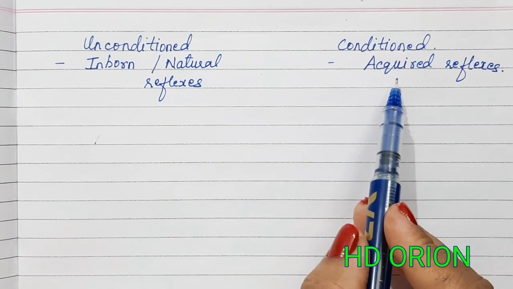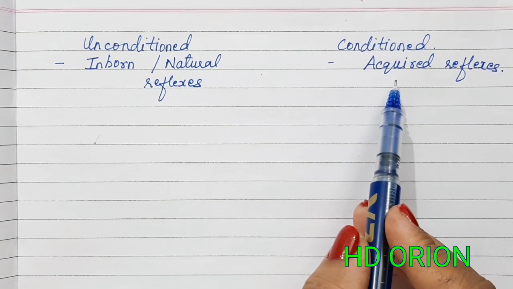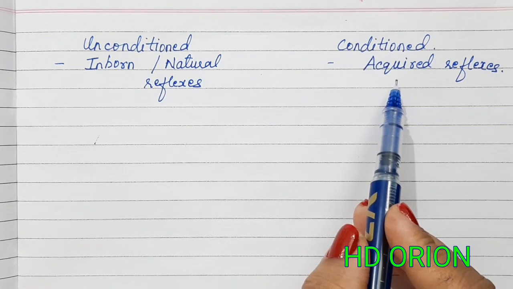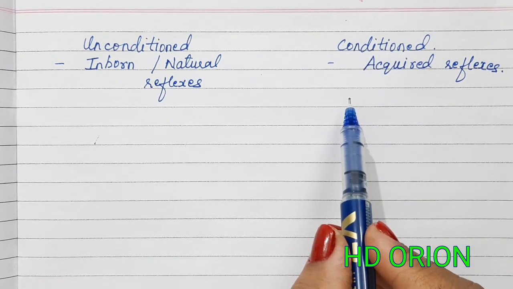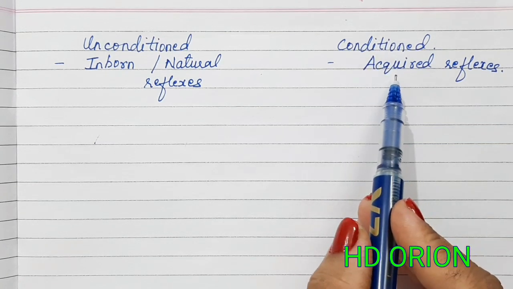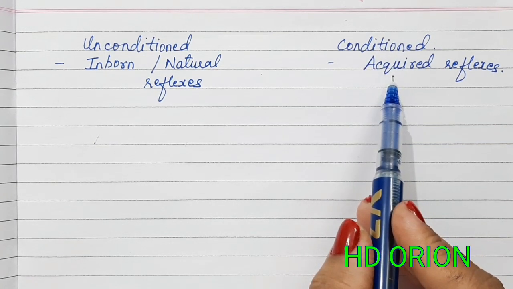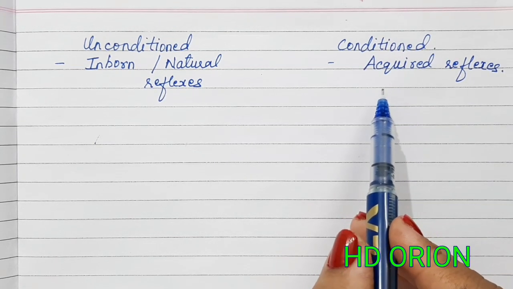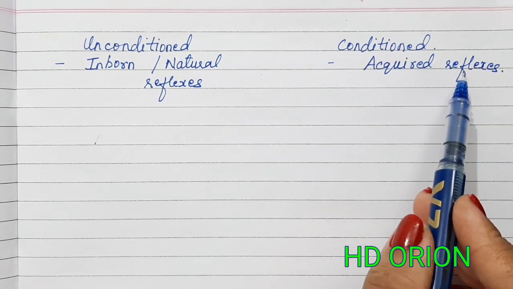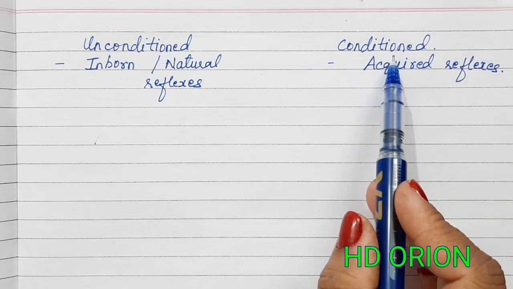But what are conditioned or acquired reflexes? These are those which are acquired later in the lifetime. Like you people are studying biology right now. So what you are acquiring is a conditioned reflex. You will have a memory which will tell what you have studied previously. So the past experience will actually bring the reflex, that is a conditioned reflex.